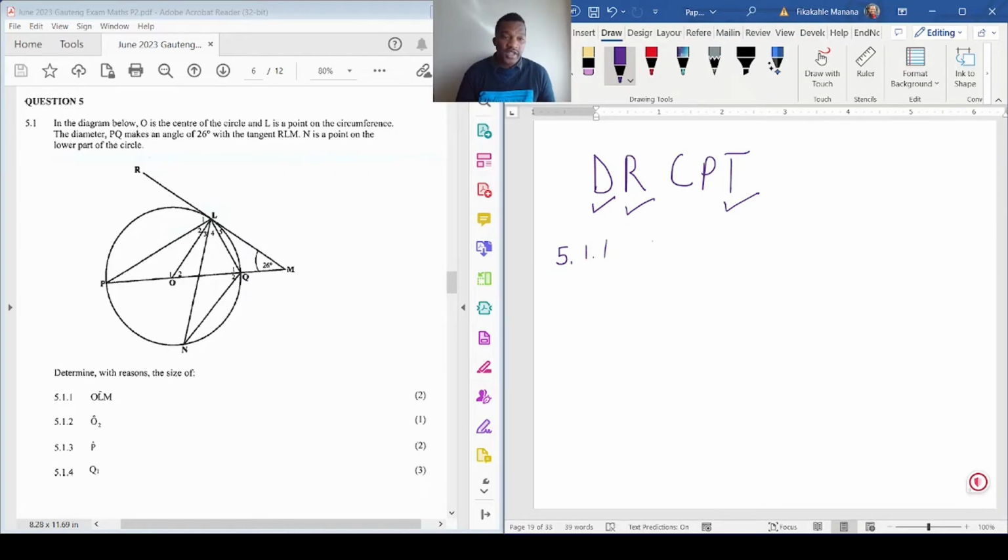So I can conclude that the angle OLM is equal to 90 degrees. And the reason is because I know that the radius is perpendicular to the tangent.